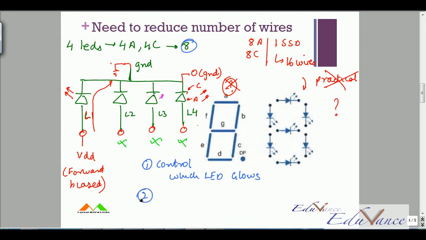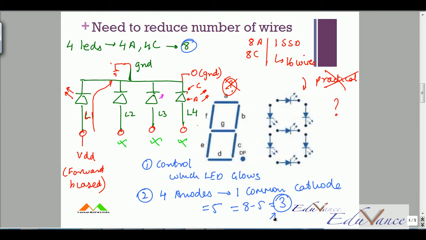But more importantly, now I have 4 anodes and one common cathode terminal, which is equal to 5 terminals, and hence I just saved 3 terminals. Please understand this, that from 8 now I went down to 3.